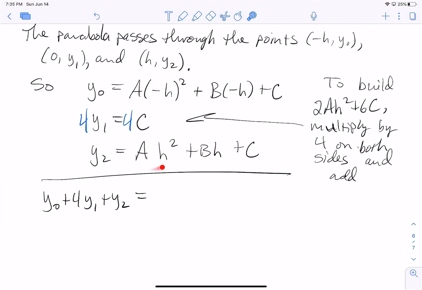Ah squared plus ah squared is 2ah squared. B times negative h plus b times h subtract out. And then c plus 4c plus c gives us plus 6c.